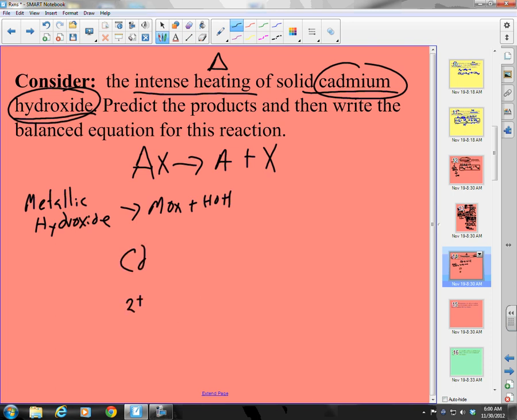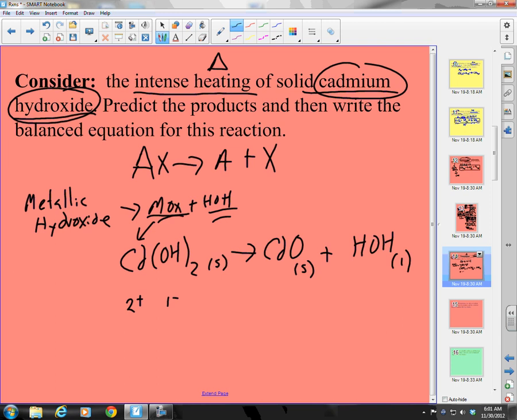Cadmium we know is always +2. Hydroxide, OH. My hydroxide is a -1, so that means I need 2 of them. It's solid. And what am I going to form? I'm going to form a metal oxide. Well, what's my metal? Cadmium is my metal. CdO plus what? Water.